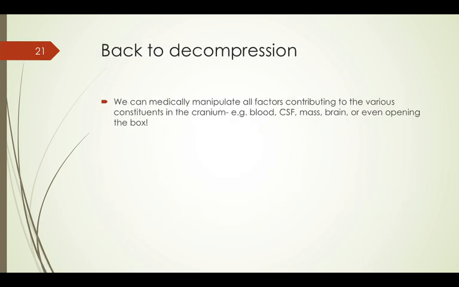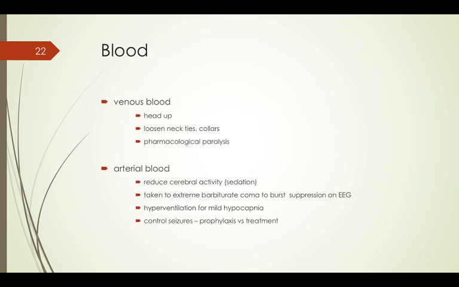So back to decompression. If you base it on Munro-Kellie itself, the ways in which we can accommodate for a mass are blood, CSF, the brain tissue, or just basically opening up the box, giving us more room. Box being obviously the skull. So how can we manipulate this?